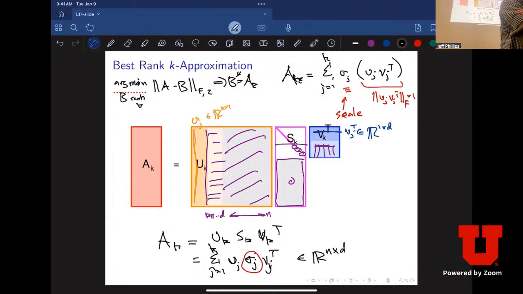So this is the best approximation of A in terms of those residuals we talked about before, but I restrict the rank to be k. When I think of the rank being k, what that implies geometrically is that there exists a k-dimensional subspace. It lies in d dimensions, but there's a k-dimensional subspace, and all the data points lie in that k-dimensional subspace.